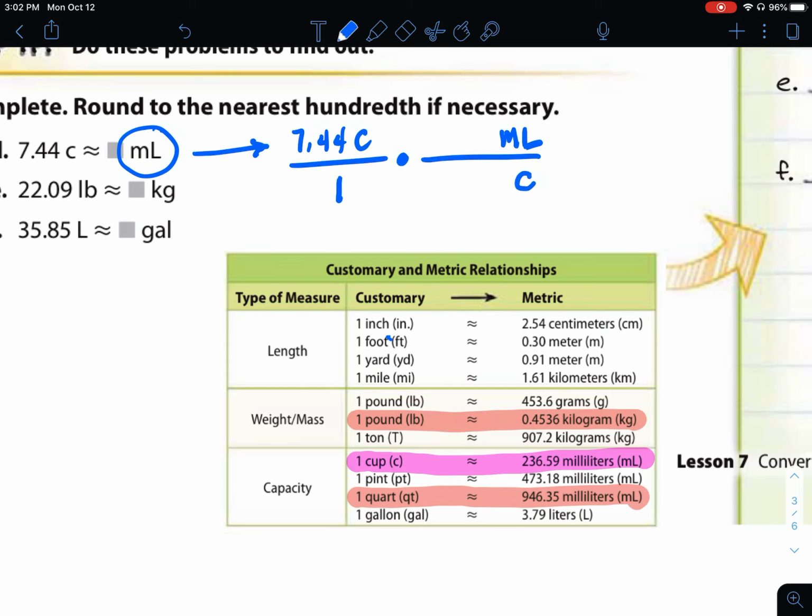So that's our conversion factor. We know that in 1 cup, there are 236.59 milliliters. Okay, so all we need to do now is multiply straight.